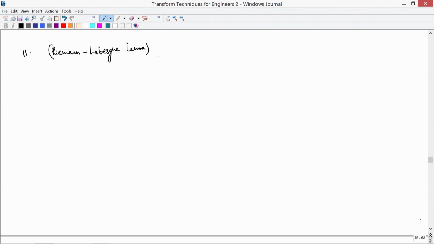We have already seen this Riemann-Lebesgue lemma for periodic signals, that is, if you have a signal defined for x belongs to minus L by 2 to L by 2. So what you have is these Fourier coefficients go to 0 as mod n goes to infinity. So this is the Fourier series version of the Riemann-Lebesgue lemma.